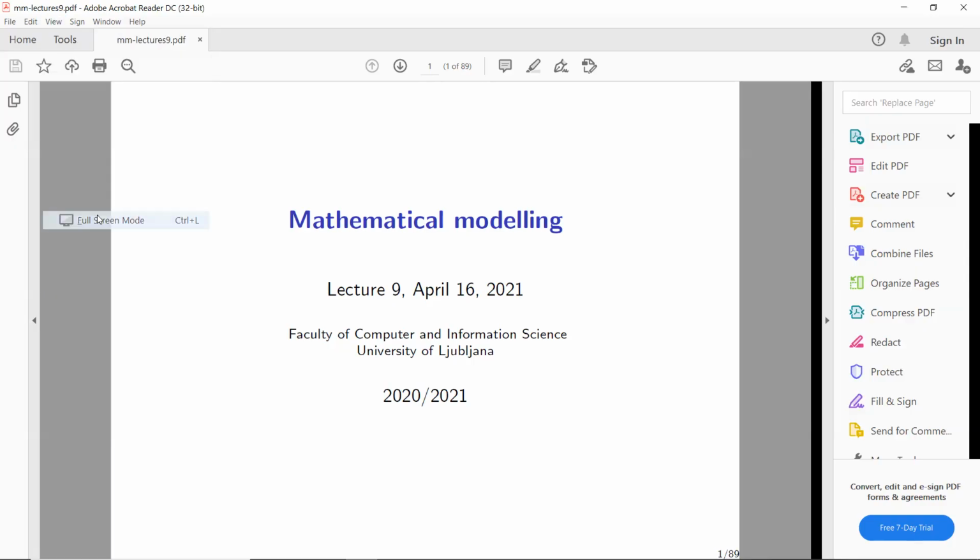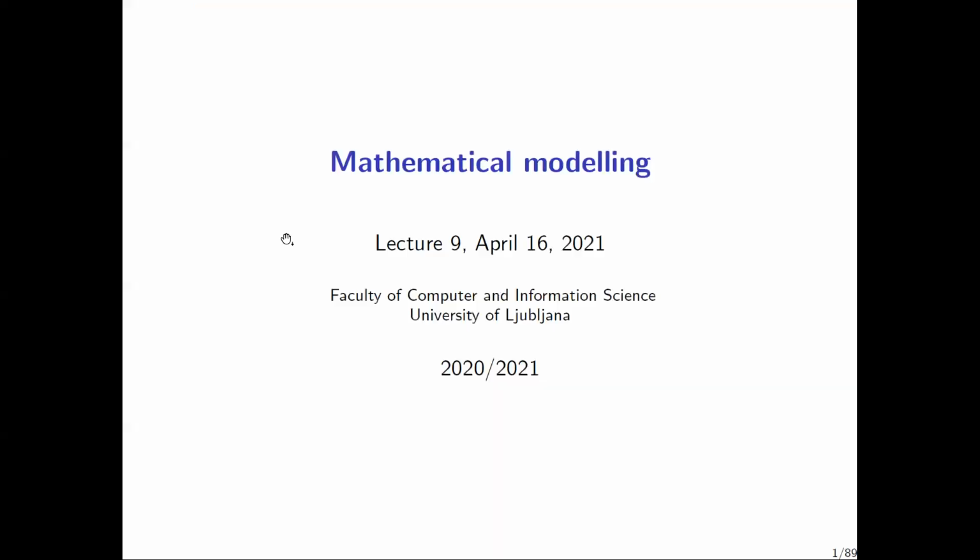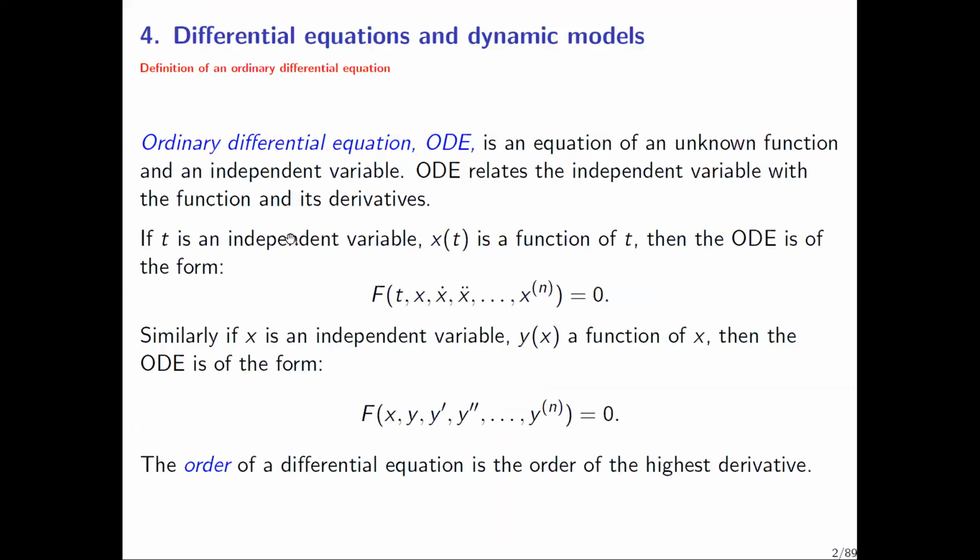So let's see what we did last time. We started with differential equations. We defined what an ordinary differential equation is. This is some function f, which depends on the independent variable t in this case, then the dependent variable x. This x is a function of t.